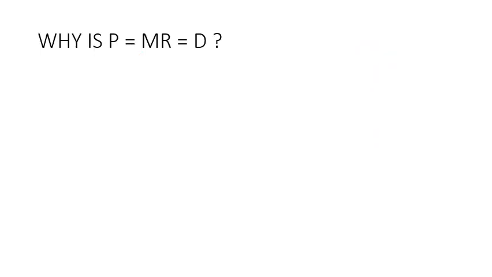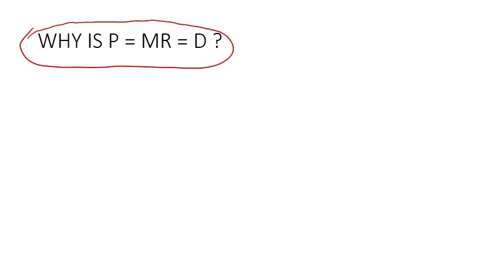Before I deal with the examples, which are hopefully going to clarify MR equals MC, we're going to have to step back and look at this. Why is P equal to MR equal to D?